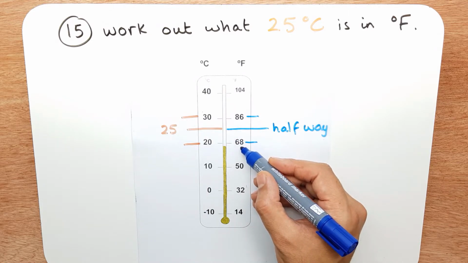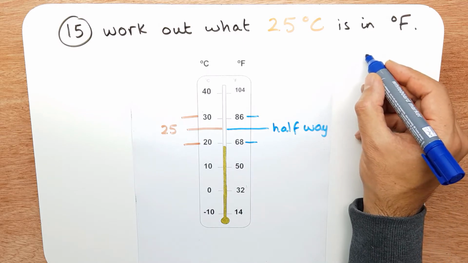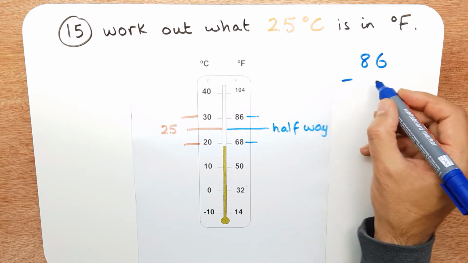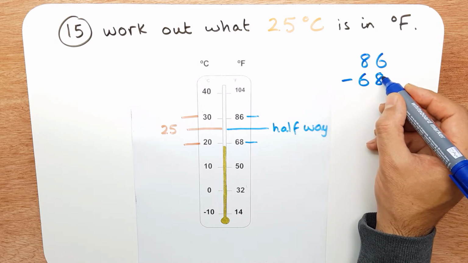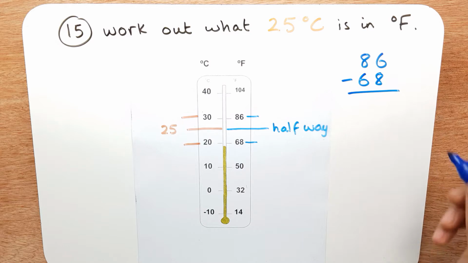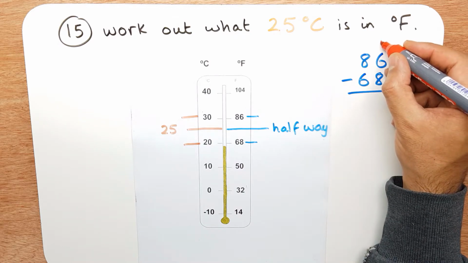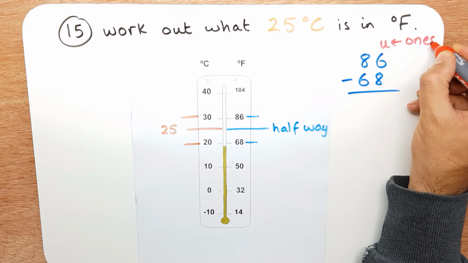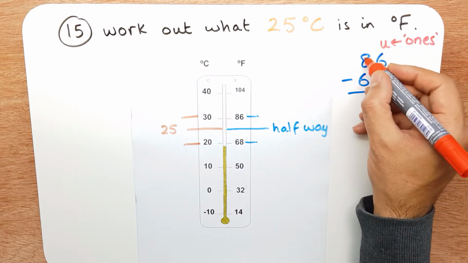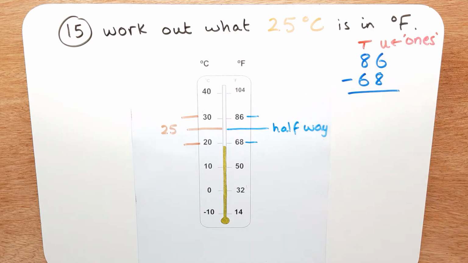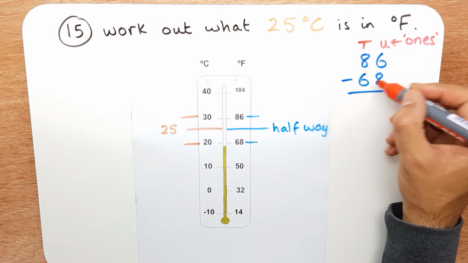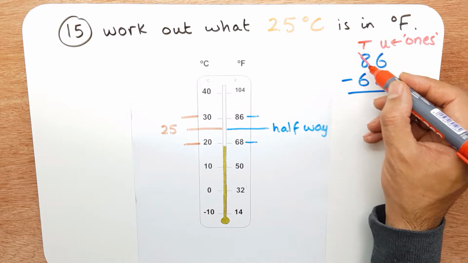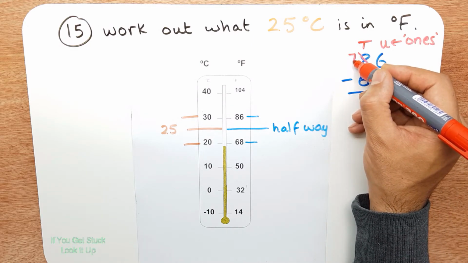86 minus 68. So let's do that here. 86 degrees Fahrenheit, take away 68 degrees Fahrenheit. So here you have the units column, or the ones column, and here we have the tens column. 6 take away 8. We can't do that, so we go to the neighbour, knock on the door, borrow 1. That becomes 7.